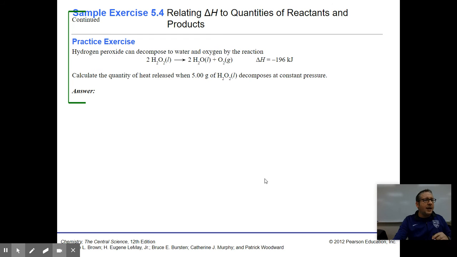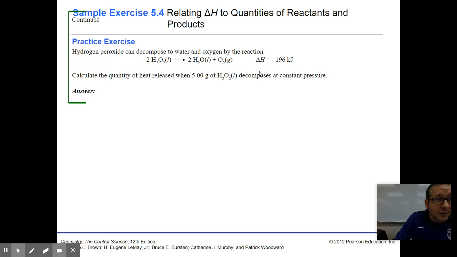So let's look at our next question here. Hydrogen peroxide. I'm going to take one second and just write down the reaction equation, with a delta H of negative 196 kilojoules. Hydrogen peroxide can decompose to water and oxygen by the following reaction, as you see there.